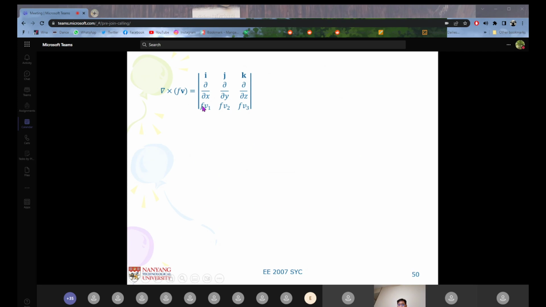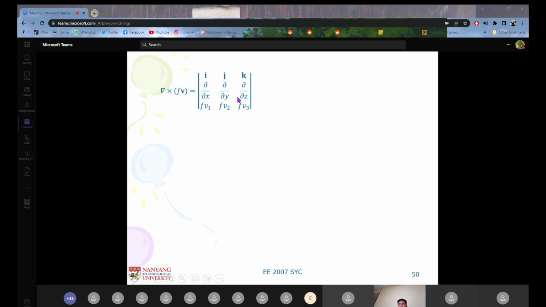F is a function of X, Y, Z. V1 also a function of X, Y, Z. Likewise over here, F is a function of X, Y, Z. V2 also a function of X, Y, Z, and so on. So this one here is the product of two functions. So if I apply this operator onto here, you have to apply the chain rule. Likewise, apply this operator onto here, you have to apply the chain rule.